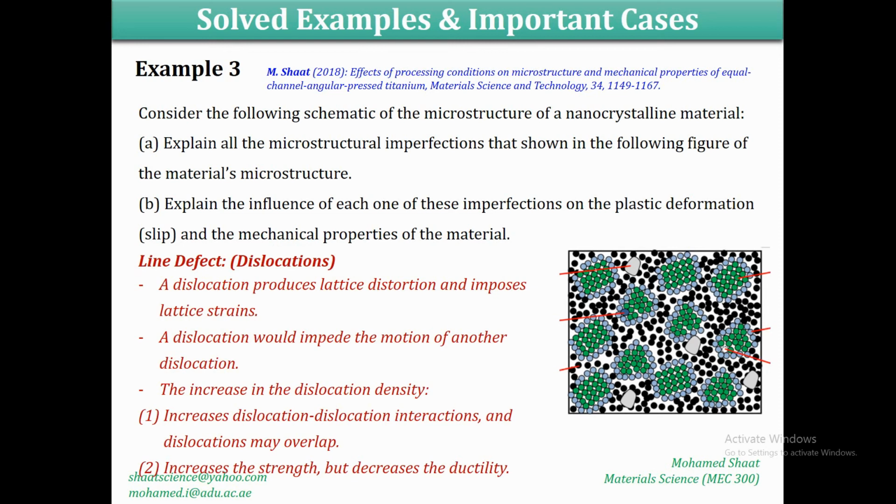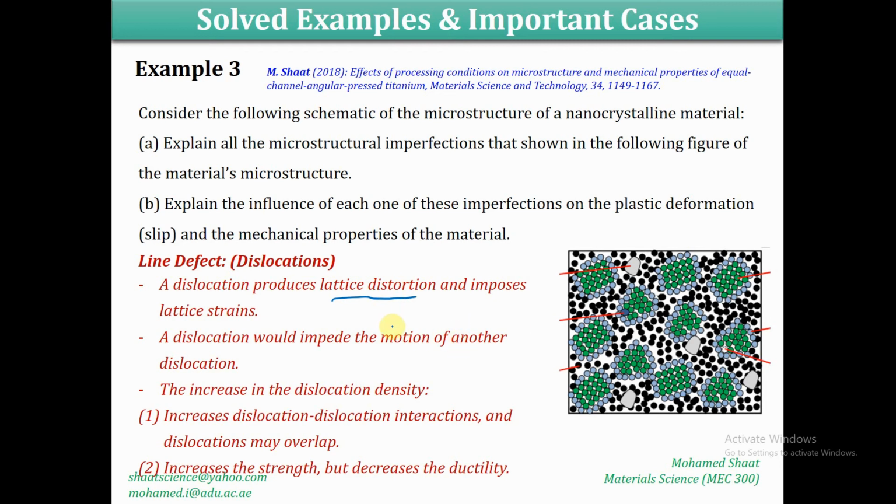But how about the line defect? If there is a line defect like a dislocation, as I mentioned, this figure doesn't represent any dislocations, but if a dislocation exists, definitely it would affect the mechanical properties and the microstructure of the material. The dislocation produces lattice distortion, as we explained in chapter 4. The existence of an edge or screw dislocation produces a local lattice distortion, which decreases as we go far from the dislocation line itself.